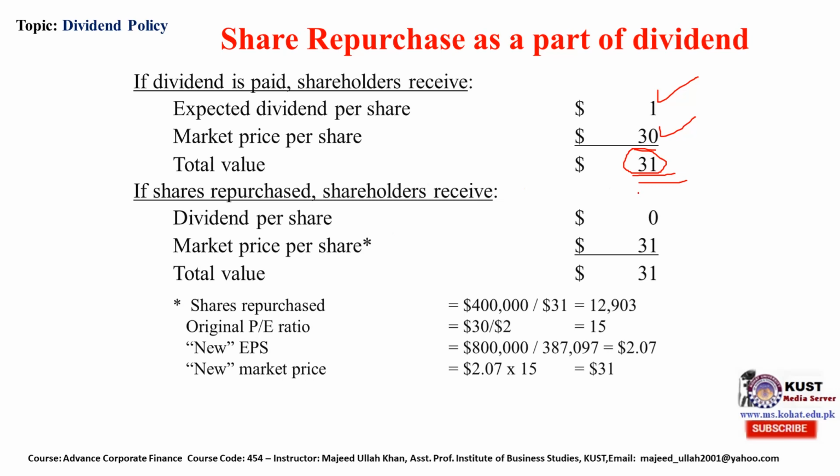If the dividend declared is 0, again the market price is 31. Why is the market price 31?